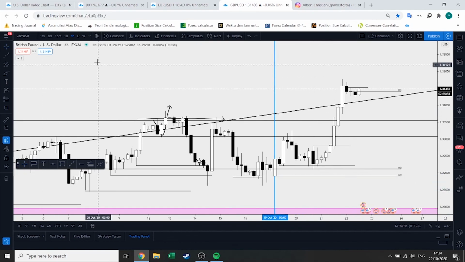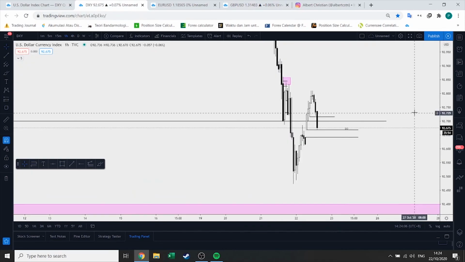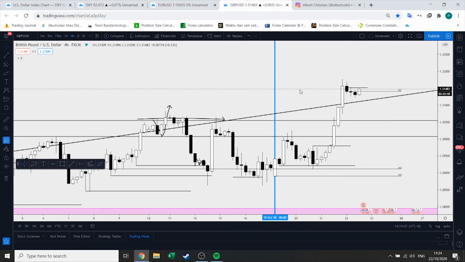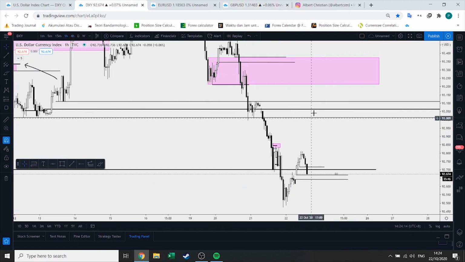So now what I'm looking at, it's tricky. I'm saying that it's going to go up until December, and I think this week and next week is going to be the determining factor of this area in the XY.